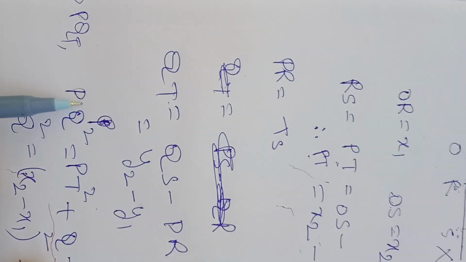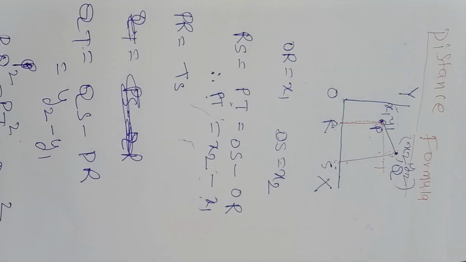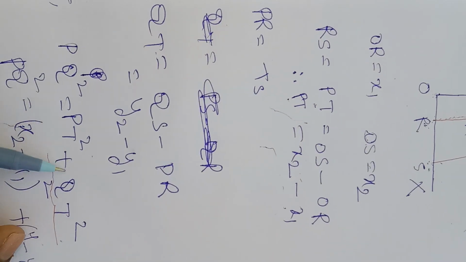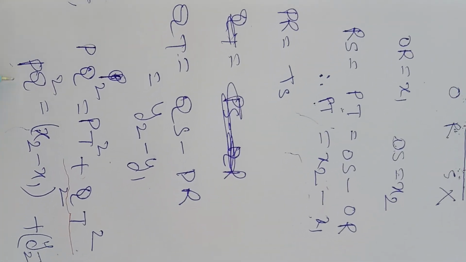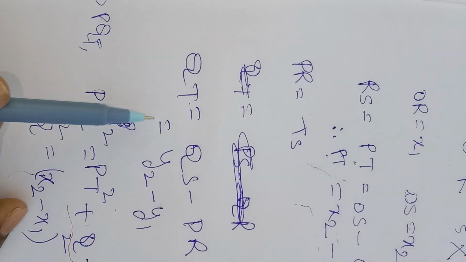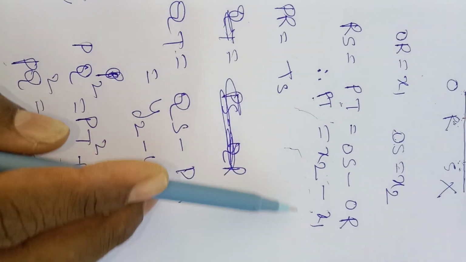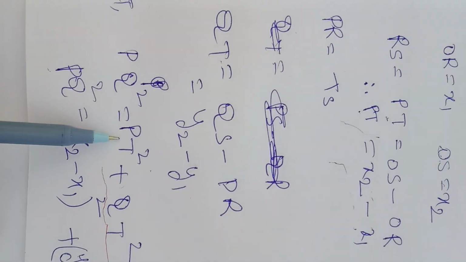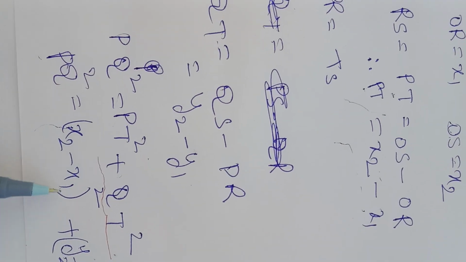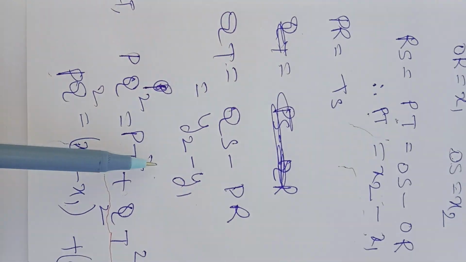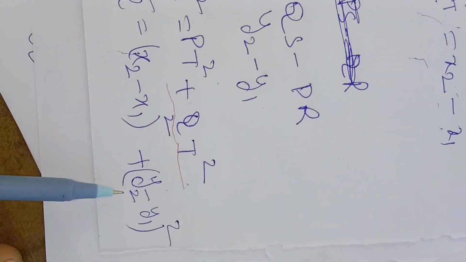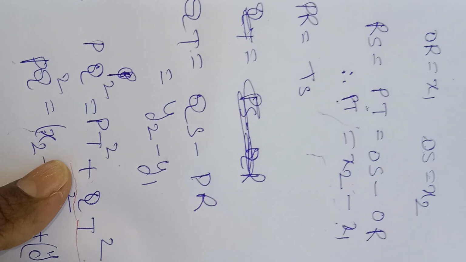Then similarly, PQ square is equal to PT square plus QT square. Here PT is x2 minus x1, and since it is squared, we write the whole square. Similarly, QT is y2 minus y1, and QT square is also a whole square.